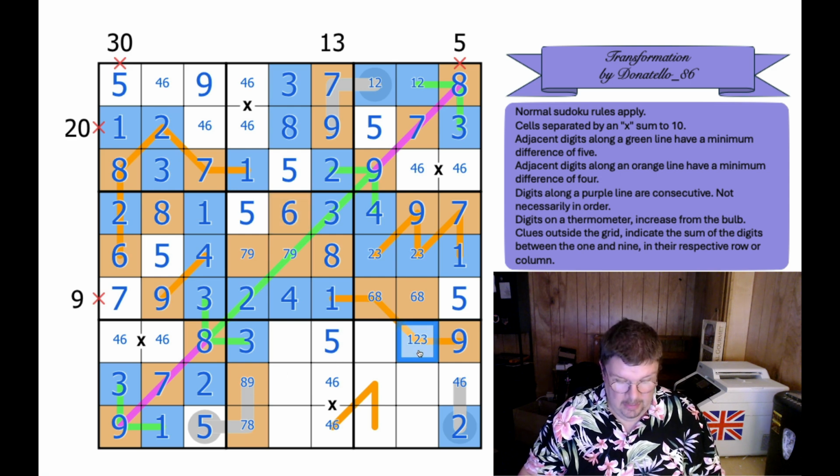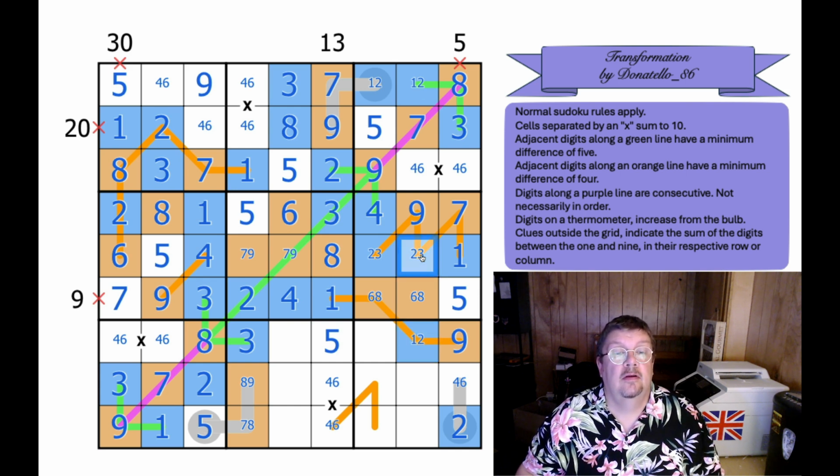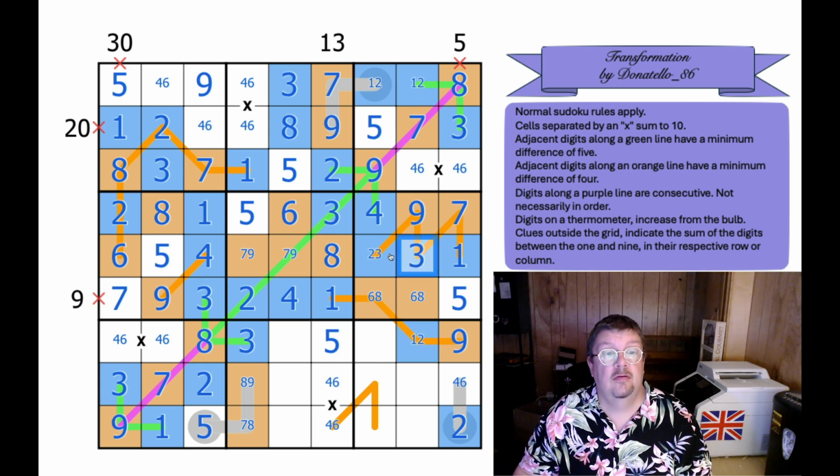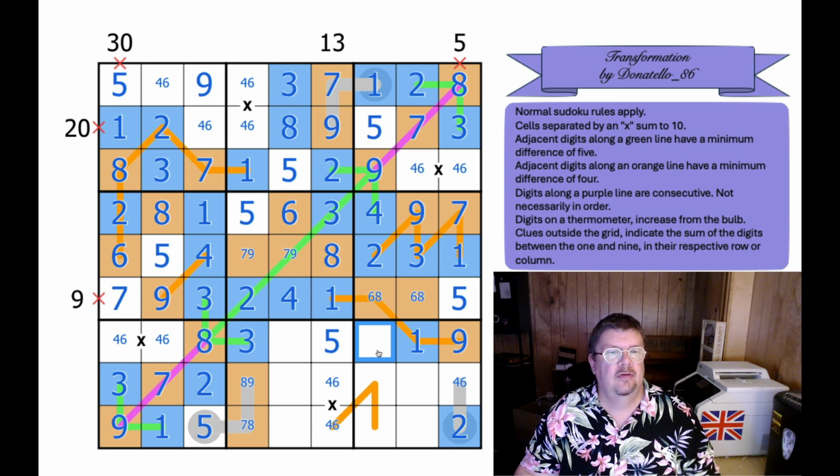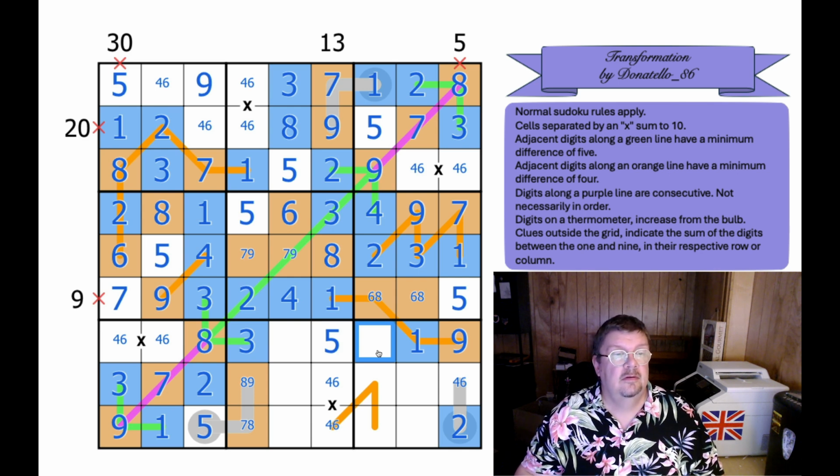Okay, that's not a 3. That gives me a 1, 2 pair in the column, so that's a 3, and that's a 2, which resolves the 1, and a 2, and a 1. And that gives me a 7, 4 pair in the row to fill out the row. There we go, 7 and 4.